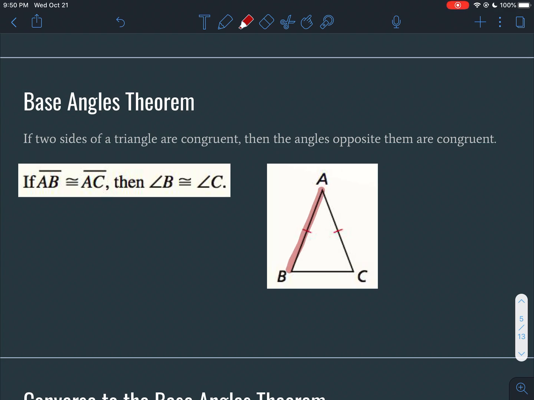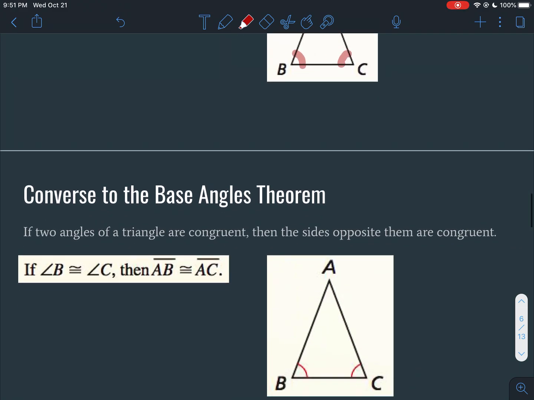So if side AB is congruent to side AC, well, B is opposite AC, and C is opposite AB. Opposite means across from. So if AB is congruent to AC, then angle B is congruent to angle C. Okay? So if the legs are congruent, the base angles are congruent.